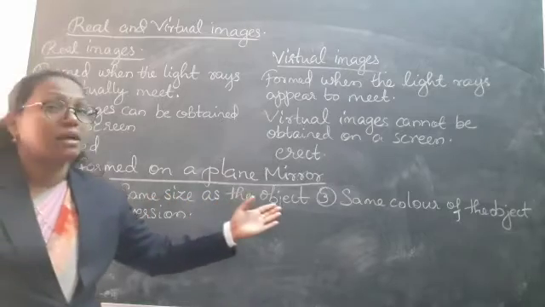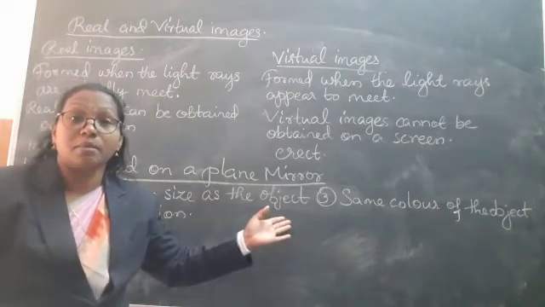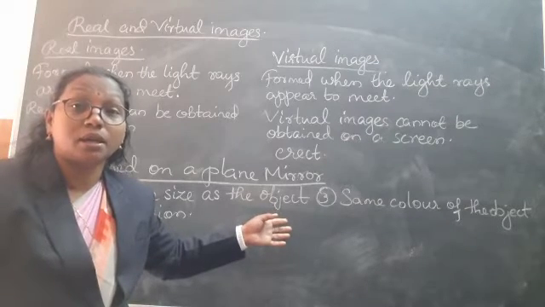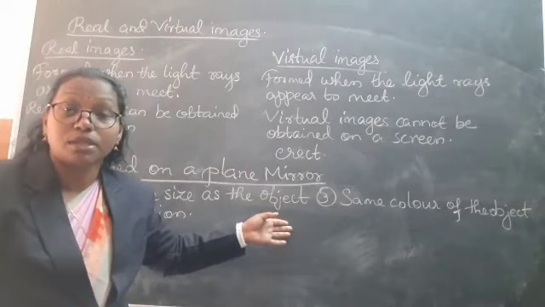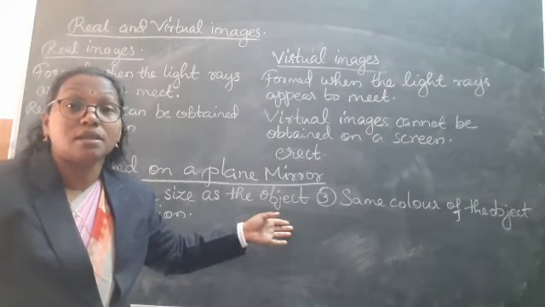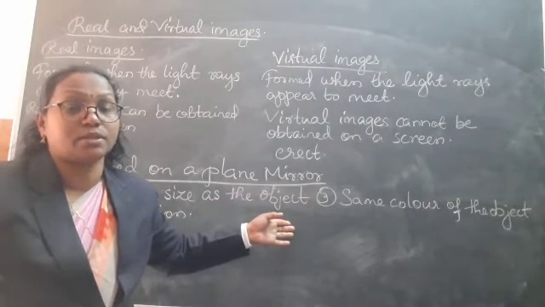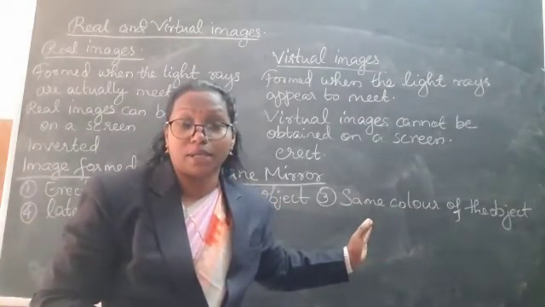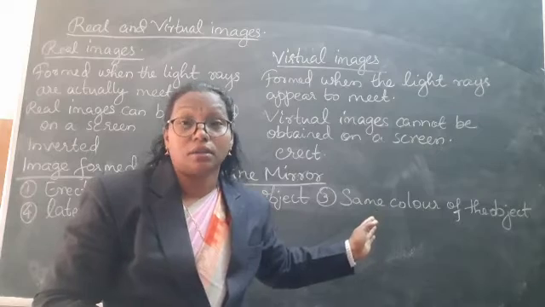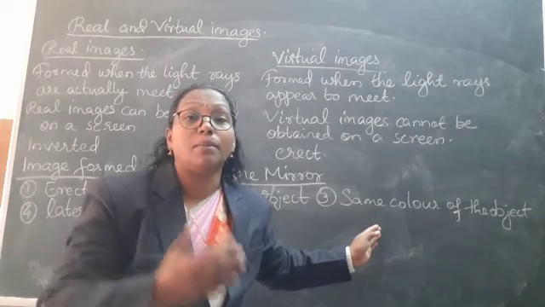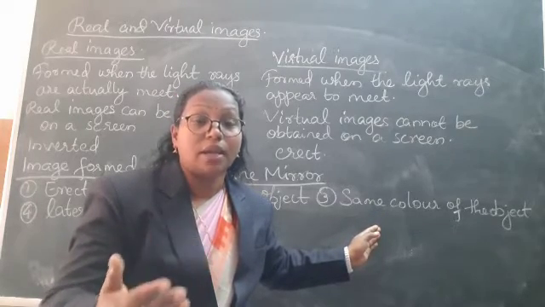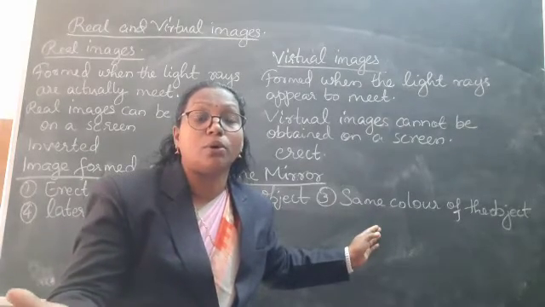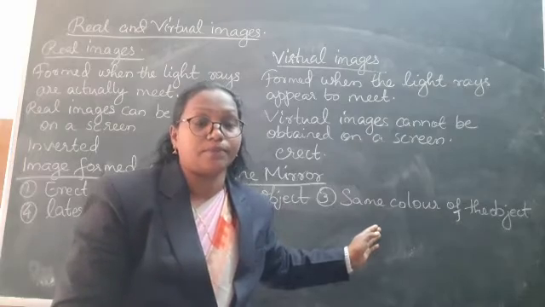The image is the same size as the object. Bigger objects make a bigger image and smaller objects make a smaller image. Same size and same color as the object. The image formed on the plane mirror is exactly the same color as the object.